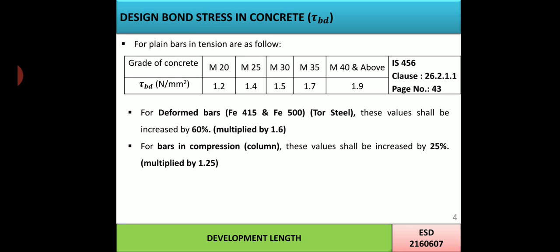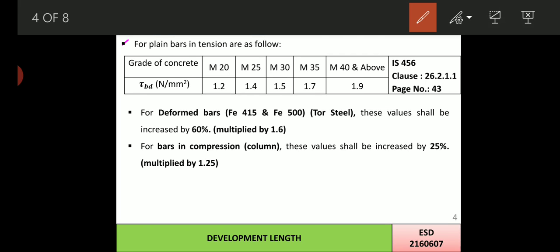Now the value of tau bd always varies as per the grade of concrete and at the same time the grade of steel also. Now over here a table is given in the IS code for the plain bar in tension. For the plain bar in tension the value of tau bd is given as per the table.